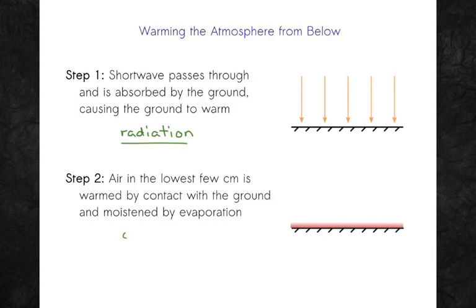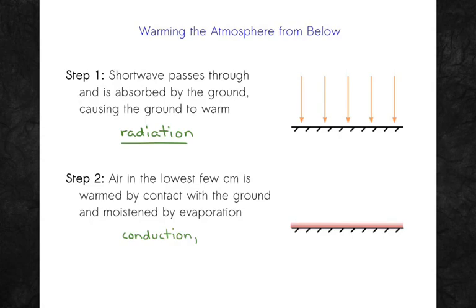So this is conduction, right? We're warming by direct contact and the molecules moving around. But the atmosphere is pretty poor at conducting heat that way. So it's really a pretty thin layer that gets warmed through direct contact with the ground. It's surprisingly thin, on the order of centimeters or so. But it does happen. You do get this layer of warm air down near the ground.